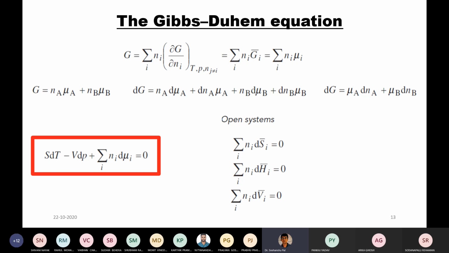And that gives an equation for a binary system at constant temperature and pressure, so that summation over i of Ni d mu i equals 0.